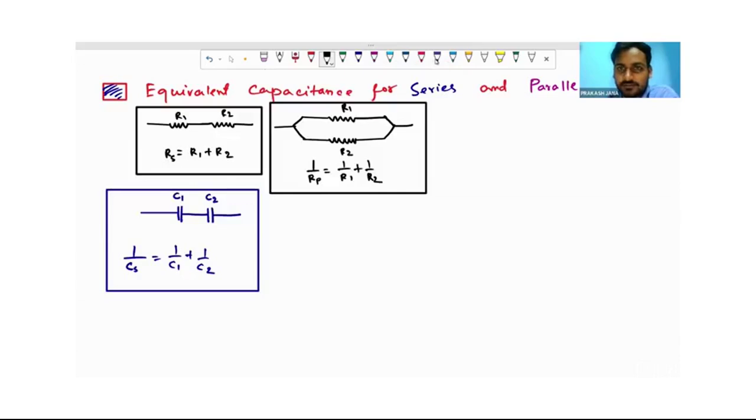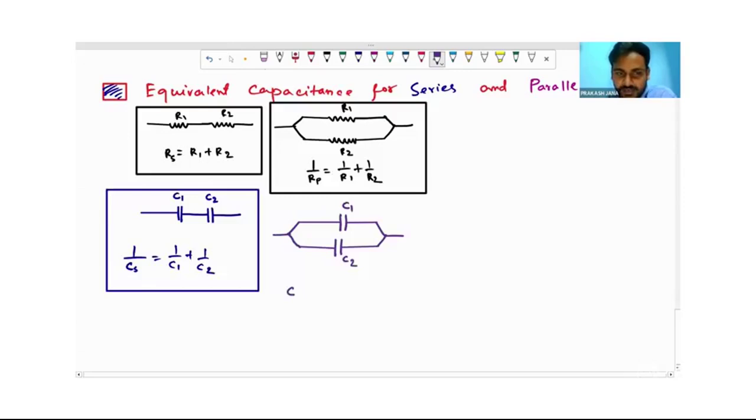What will be the case for the parallel combination of capacitors? This is a capacitor. This is one more capacitor. We will connect them in parallel combination. This is C1, this is C2.